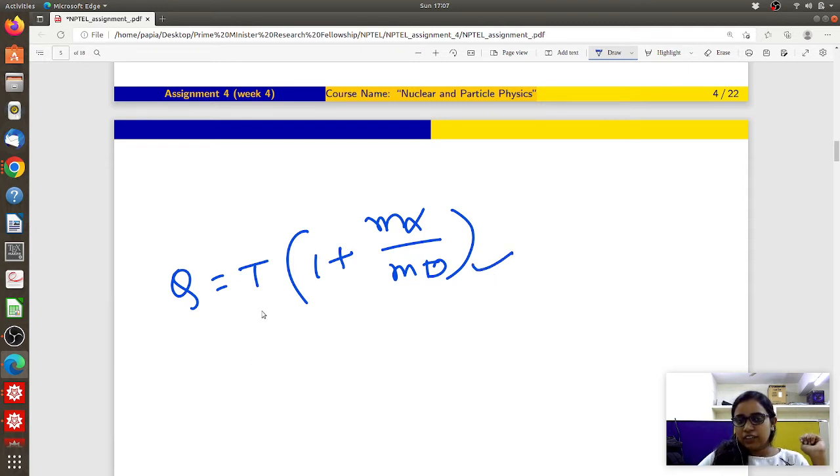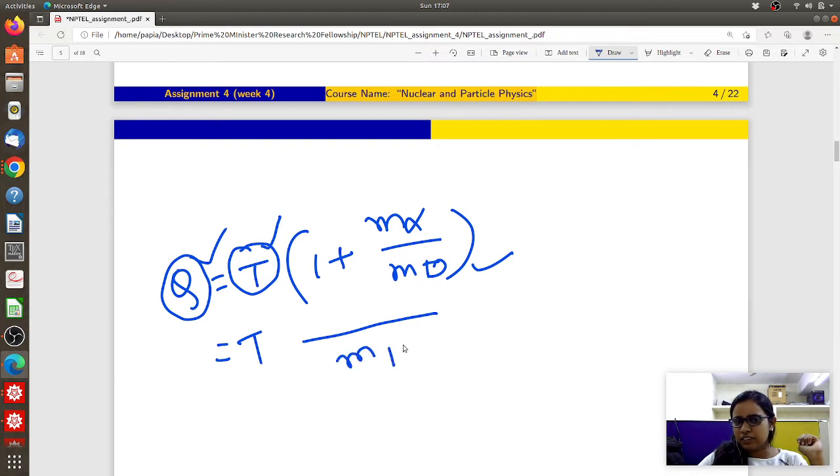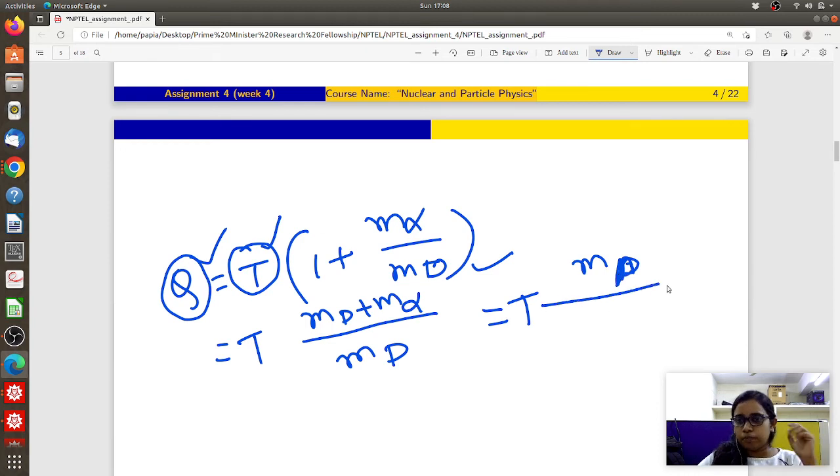And what is T and what is Q? T is the kinetic energy of the alpha particle, and Q is the Q value of the reaction. If I do a little mathematics here, MD plus M alpha is nothing but MP, the parent nucleus mass.